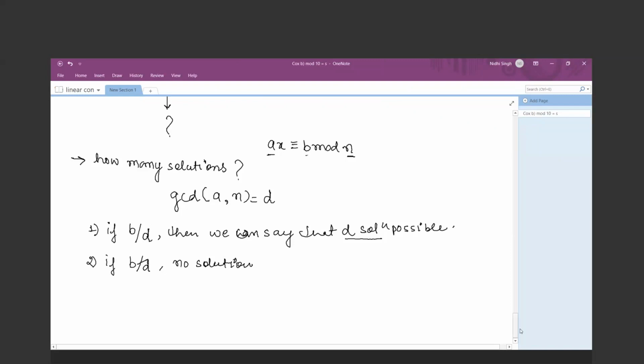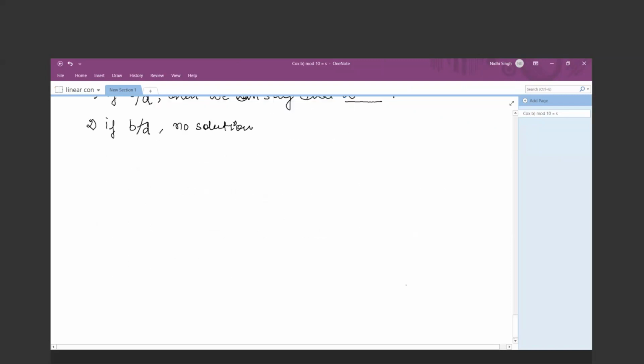So if the first case is true, then you have to perform certain steps. What is step number 1? The step number 1 says reduce the equation Ax congruent B mod n by dividing by D on both sides.